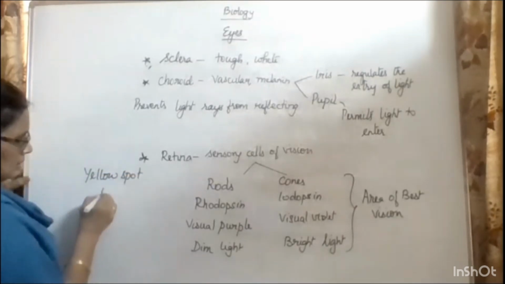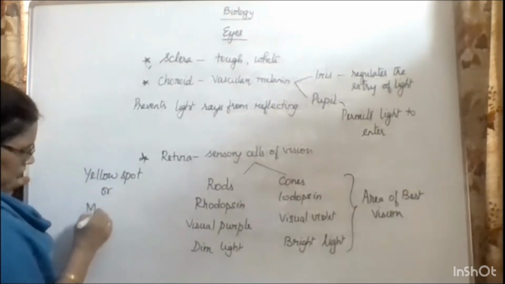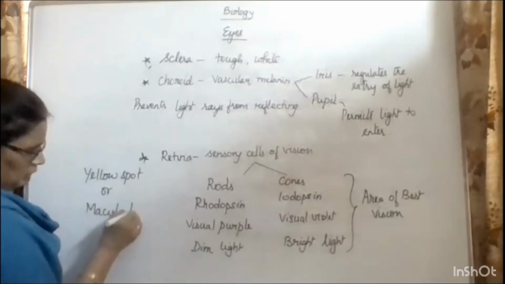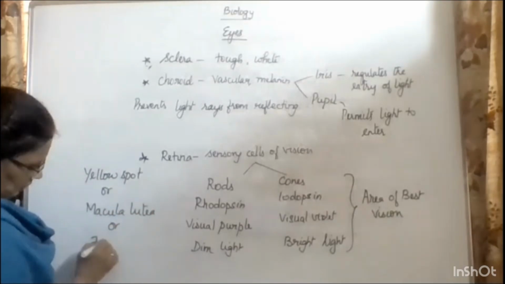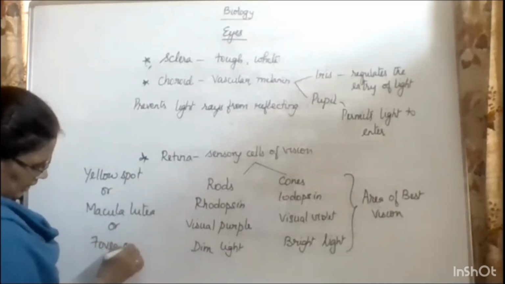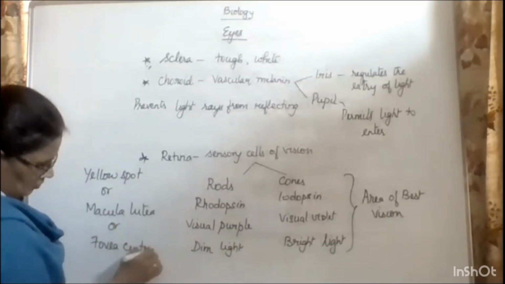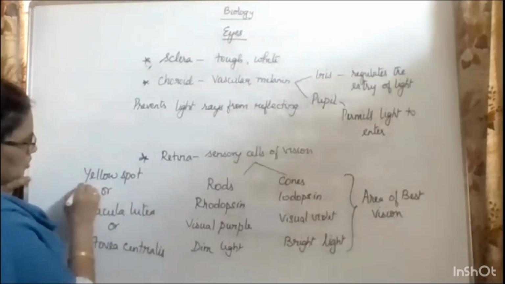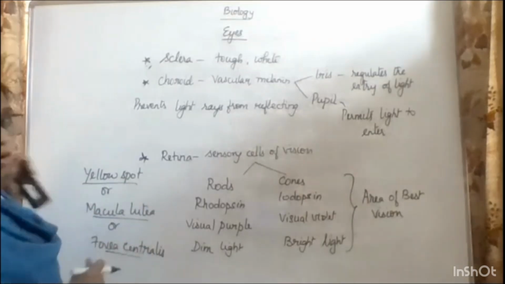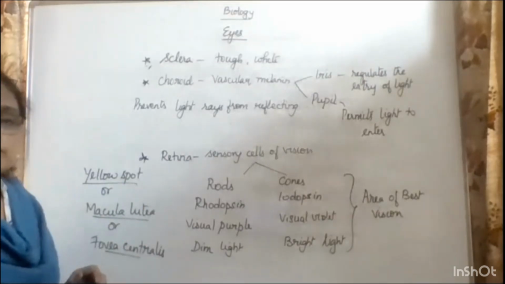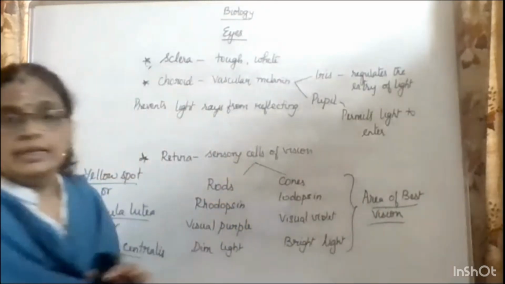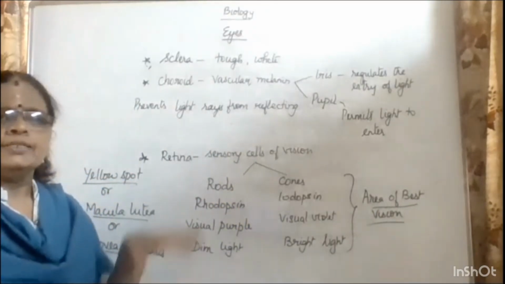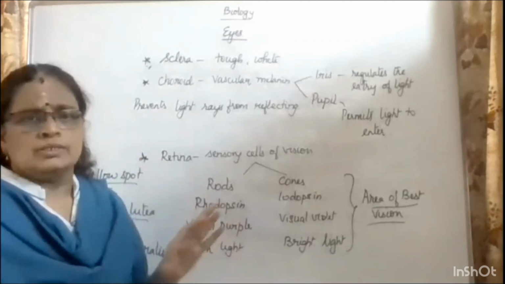Yellow spot has another name, macula lutea or fovea centralis. So the yellow spot is the spot on the retina which is the area of best vision. It's the area of best vision because it has many cones there.